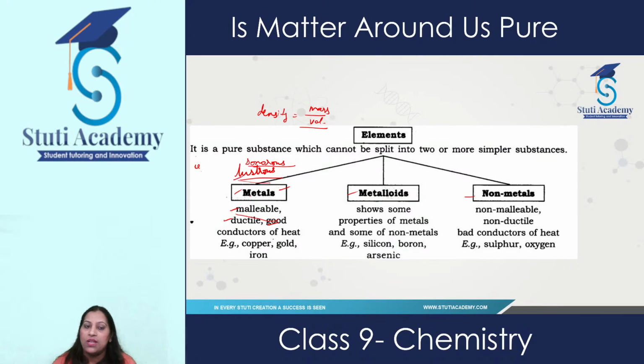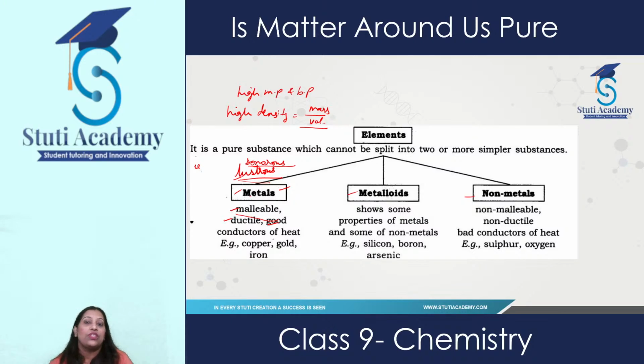They are lustrous, they are sonorous, they have high density, they have high melting point and boiling point. But a few exceptions are there. And we'll study about these metals, their physical and chemical properties in detail in 10th standard. So here I have just discussed physical properties of metals with you.